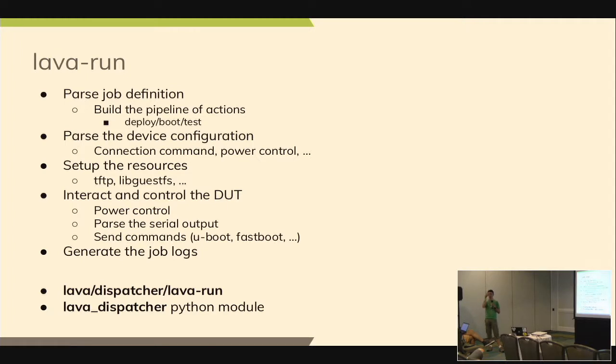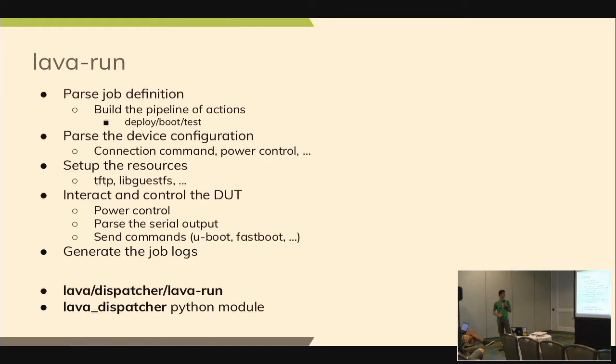So it will create a deploy, a boot, and a test action, depending on what you specify in your job definition. It will also look at the device configuration that was rendered by the Lava Master. And it will set up resources, TFTP, libguestfs, etc. Interact with the DUT, use the power control commands and things like that.